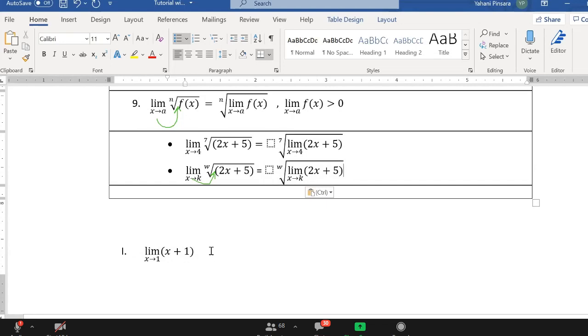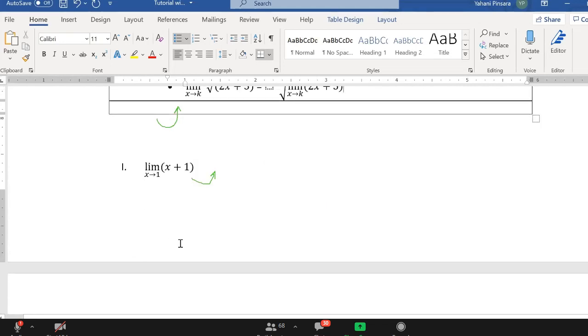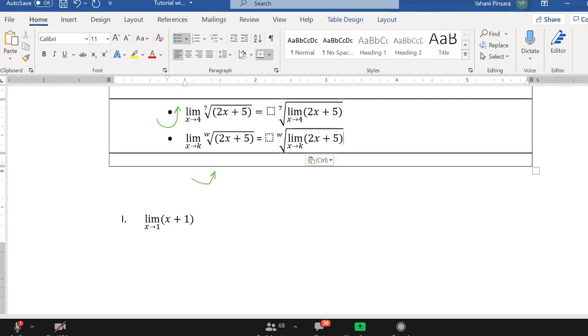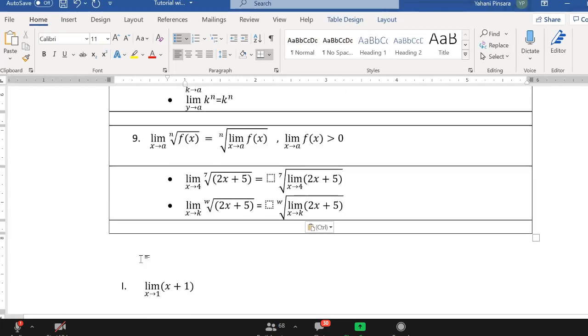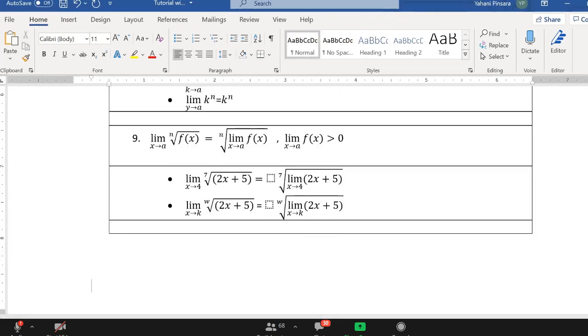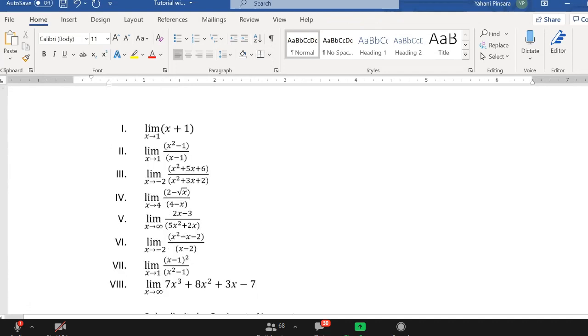Then let's try to solve the questions below. To solve these questions, you need to know the above rules, all the rules which we have discussed earlier.